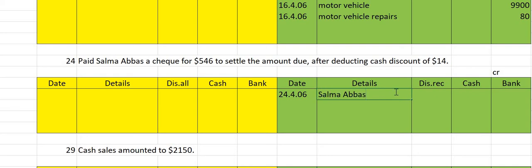And you paid a cheque. How much cheque did you pay? 546, in settlement of the amount due after deducting cash discount of how much? 14. So how much is discount received then? Discount received will be 14. So it's already given for you.